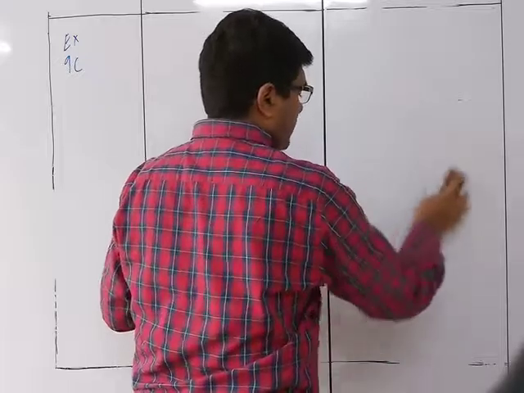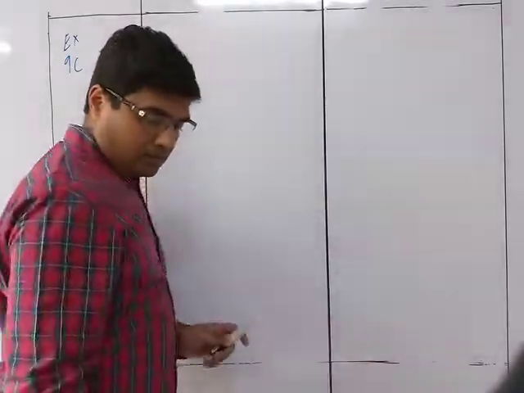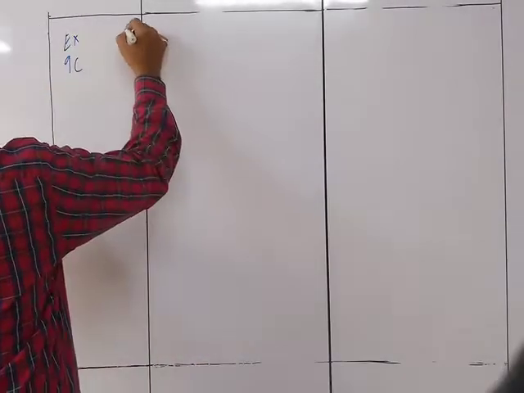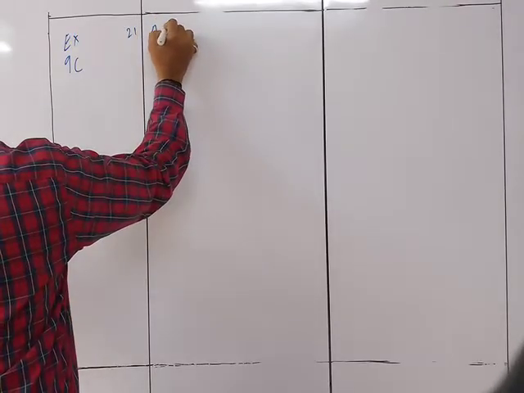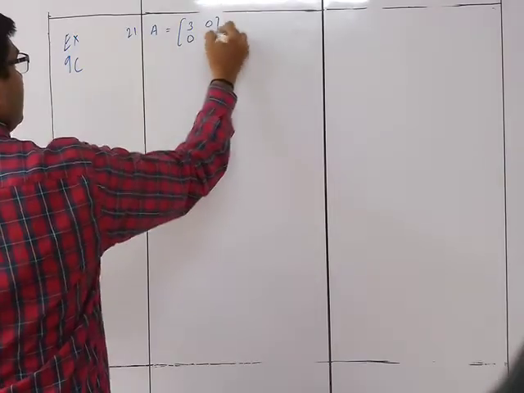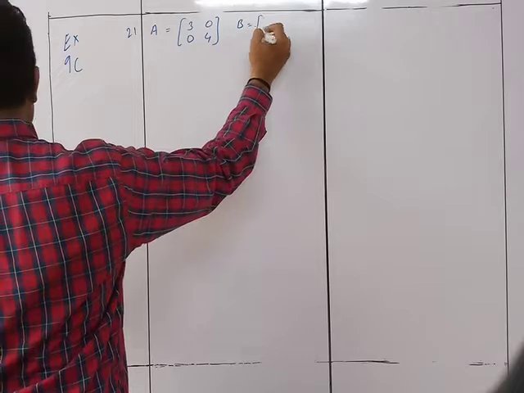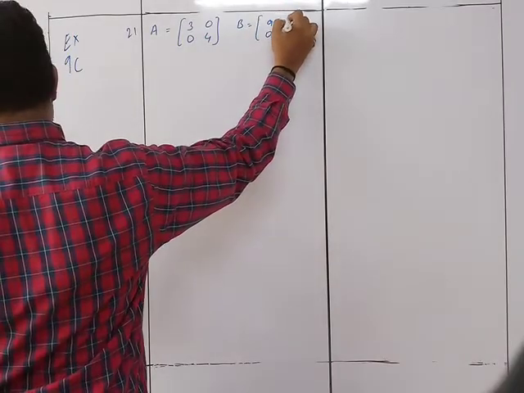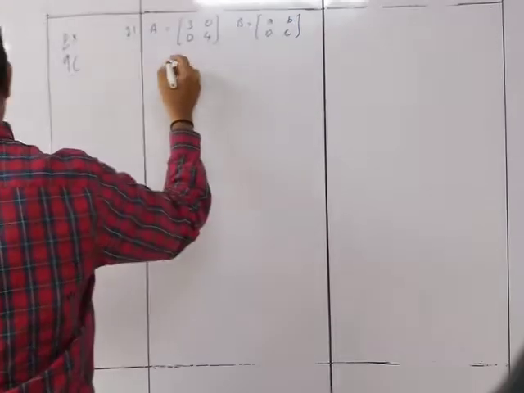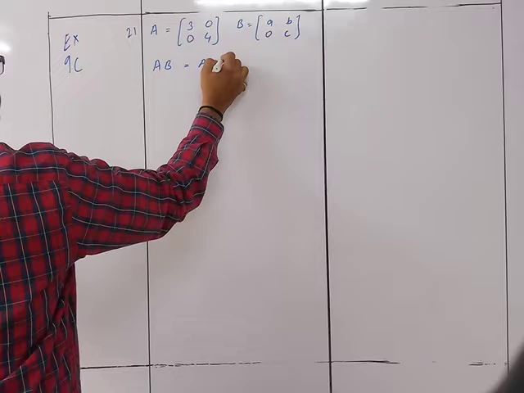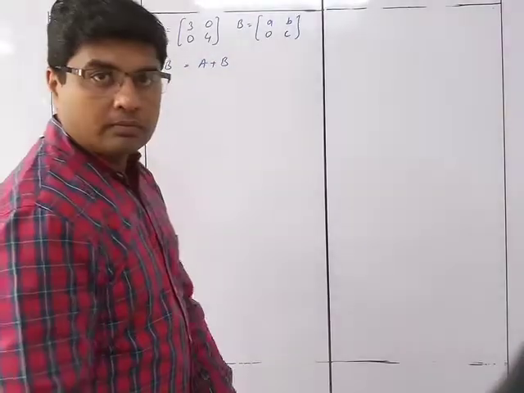Okay, sum number 21 is the next one. It is given that A is [3 0; 0 4], B is [a 0; b c], and A into B is equal to A plus B. Got it?